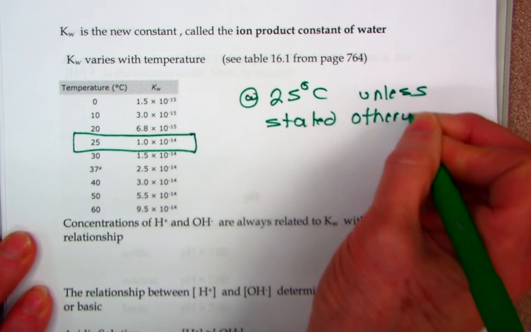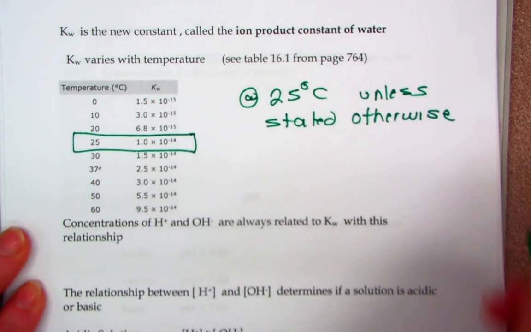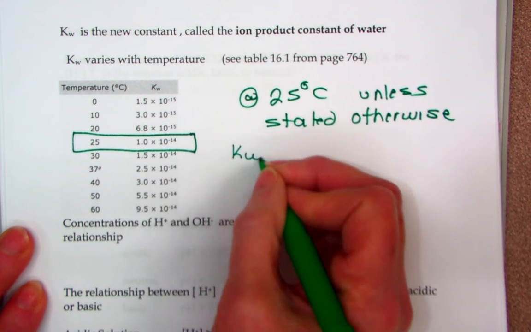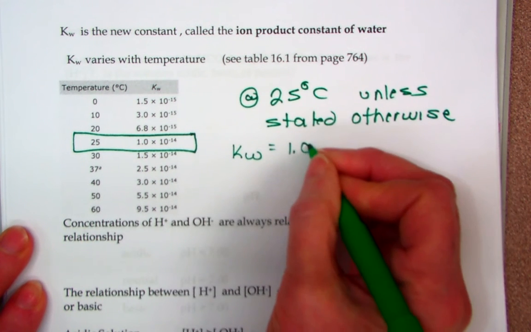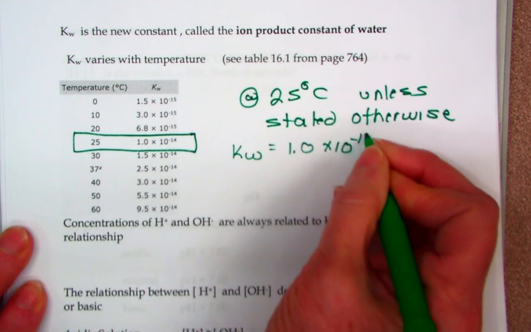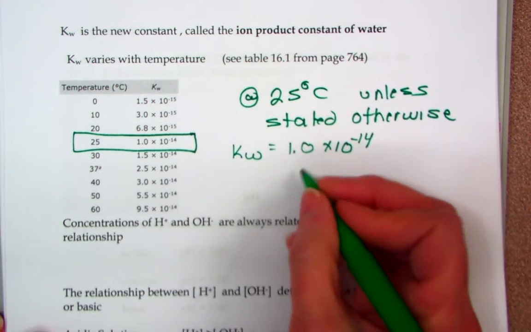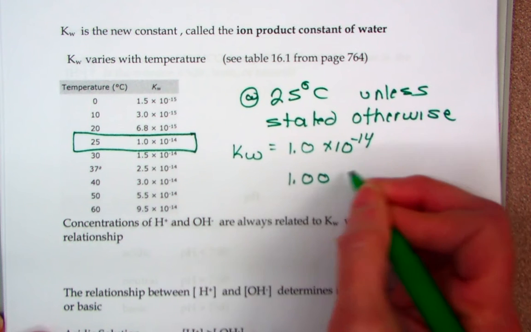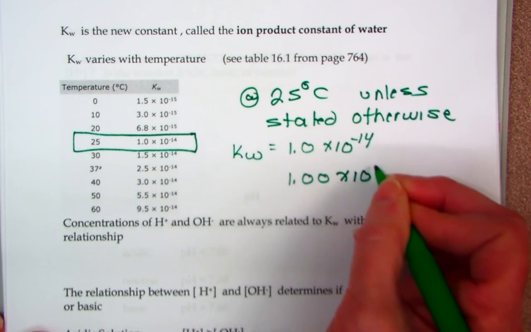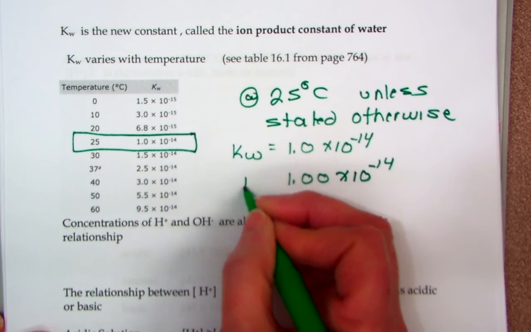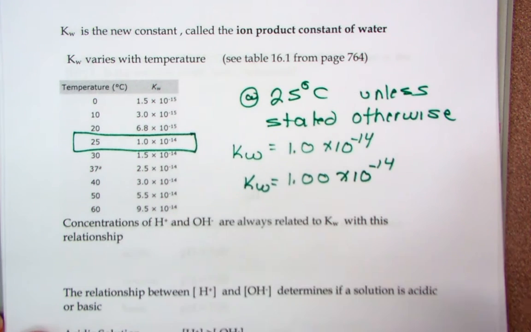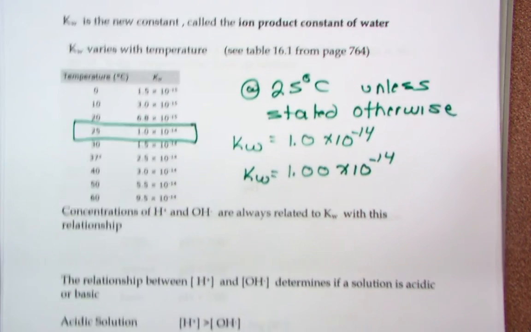So as you do this over and over, you will learn that Kw for us is equal to 1 times 10 to the negative 14th. Now, in this chart, we only have 2 sig figs, but there will be times it's okay to use 3 sig figs. Kw is 1.00 times 10 to the negative 14th when it's appropriate to use 3 sig figs.